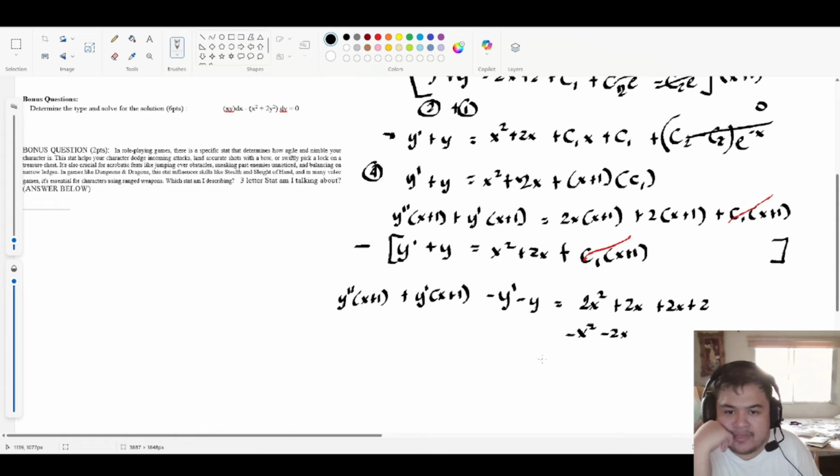What we're going to have is x squared plus 2x plus 2 and y double prime (x plus 1) plus y prime x minus y.